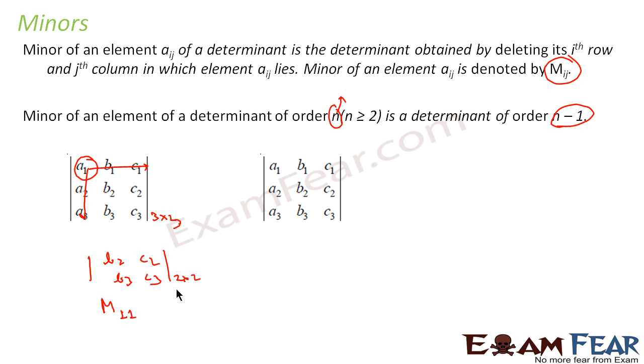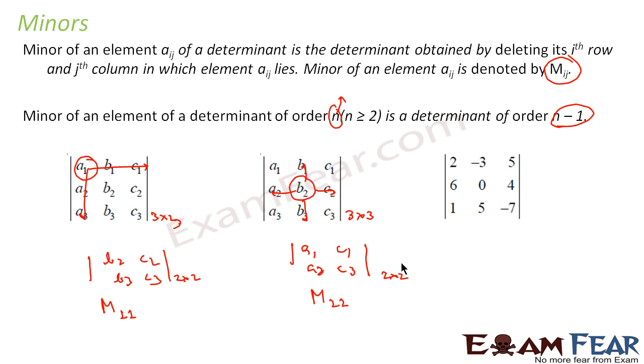One more example we can take. If you want to find the minor of this element, then you have to remove these. What you get is A1 C1, A3 C3. This is M22, since this element is at position 2 comma 2. Here also, the order of this is 3 and the minor is of order 2. We can take one more example.